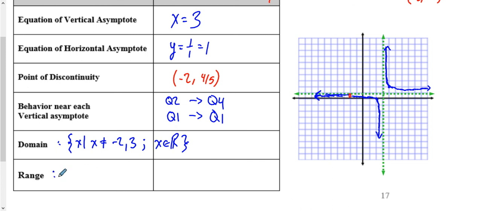For my range, it's going to be the same thing, y such that, and I'm looking at my POD and my horizontal asymptote. So y cannot equal 4/5 and positive 1. But y can be an element of real, meaning it could be every real number after that. And there we go.